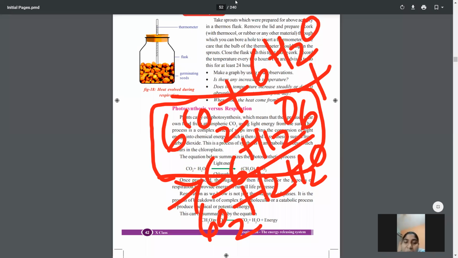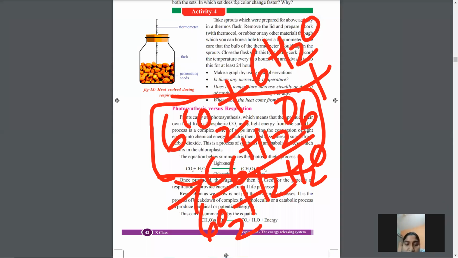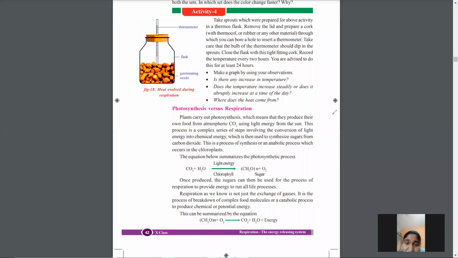Next, coming to respiration. Whatever is produced in photosynthesis is utilized in the case of respiration. Respiration means, immediately what we think of is the exchange of gases, taking up oxygen and giving out carbon dioxide.